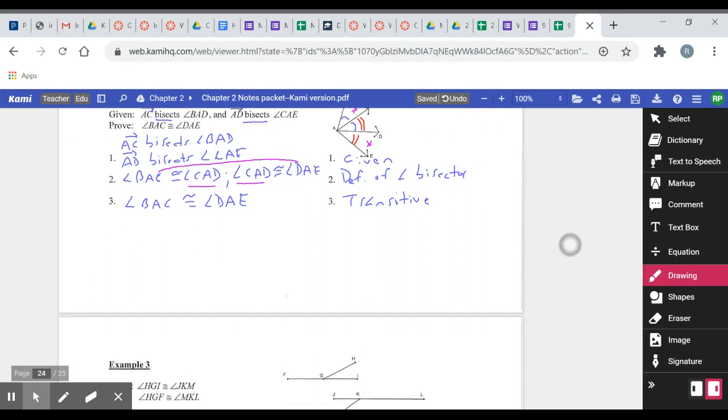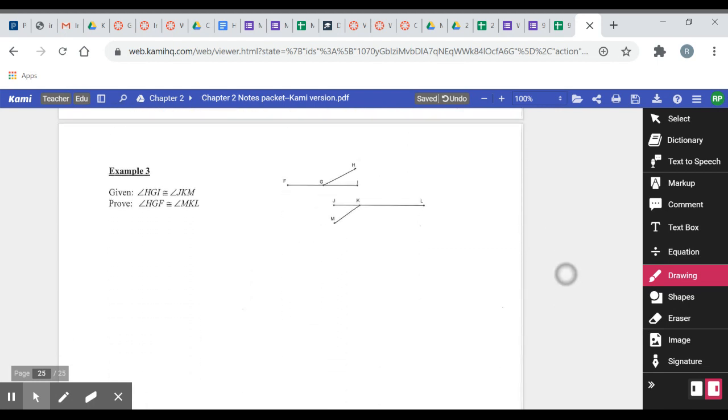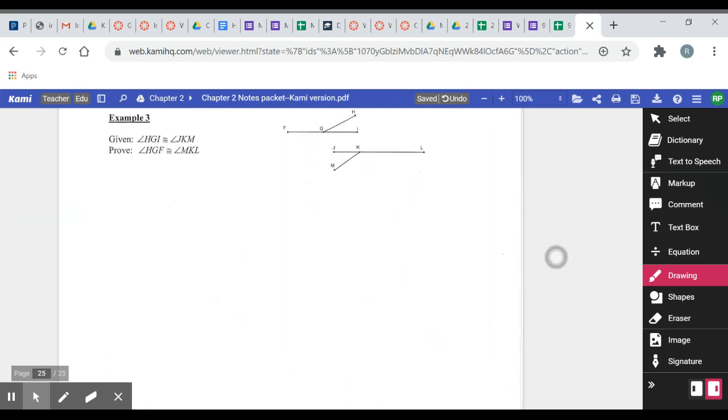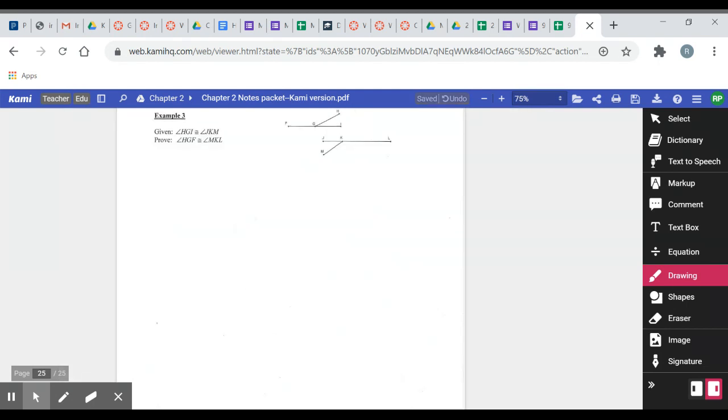All right, one more proof, then you're done with the chapter 2 notes. I'm trying to decide if I'll have room here. I'm going to make it a little bit smaller so you can see it. Okay, so on example 3, what's given is that angle HGI, which is this angle, is congruent to JKM.